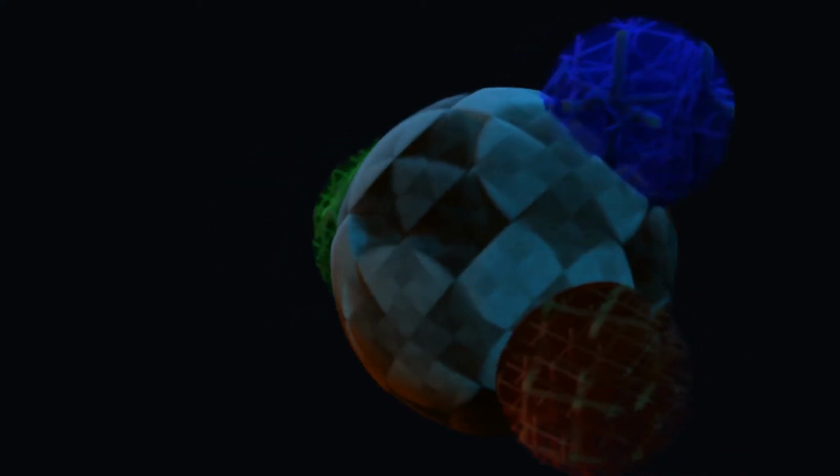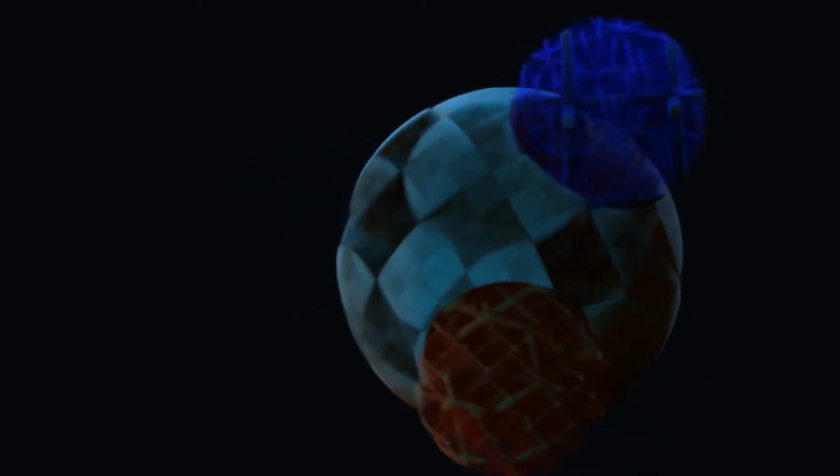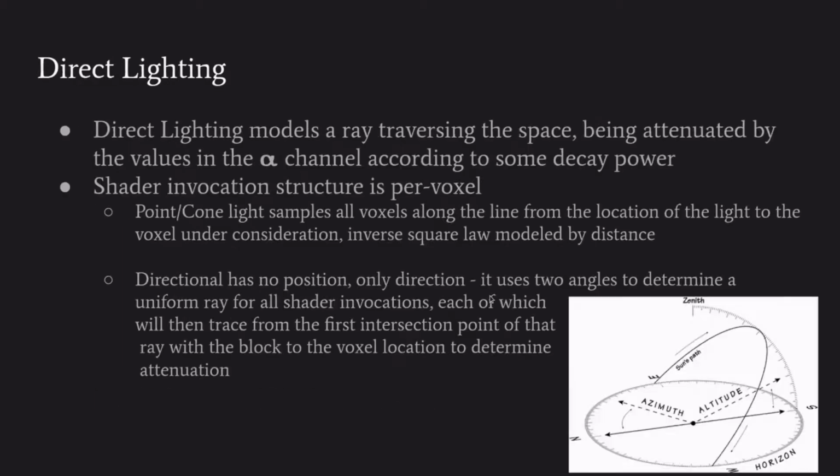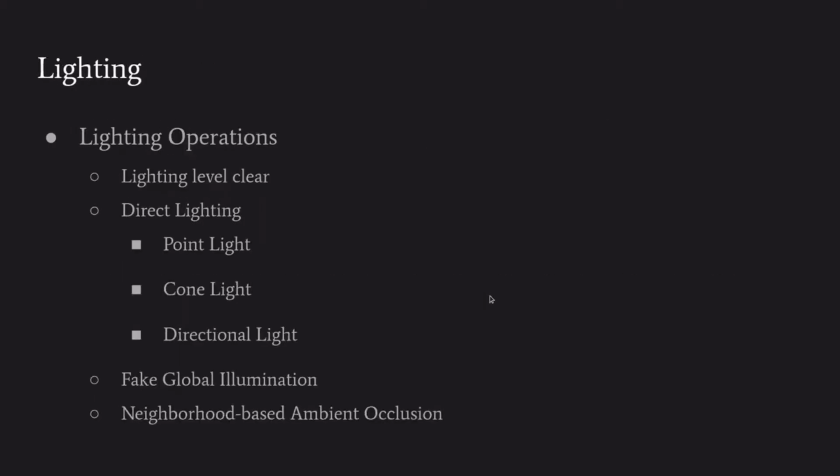So the lighting operations, there's basically a level clear, which basically sets the whole buffer to some RGB value. And that's, like I say, a scale factor for the color data.